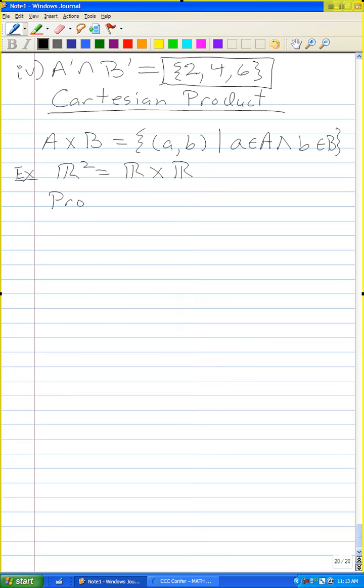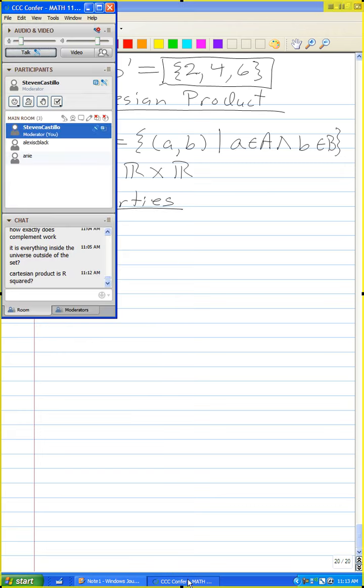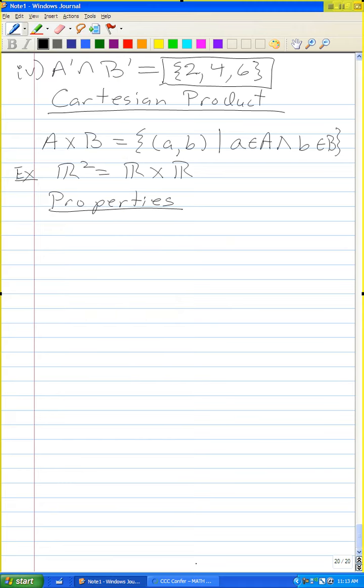Properties. So let me give you some properties. So this is the Cartesian plane.